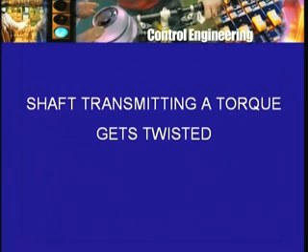The shaft undergoes a twist. It may be very hard to believe. You may think of the shaft as something very rigid, but it is both a matter of fact as well as theory that the shaft undergoes a twist.